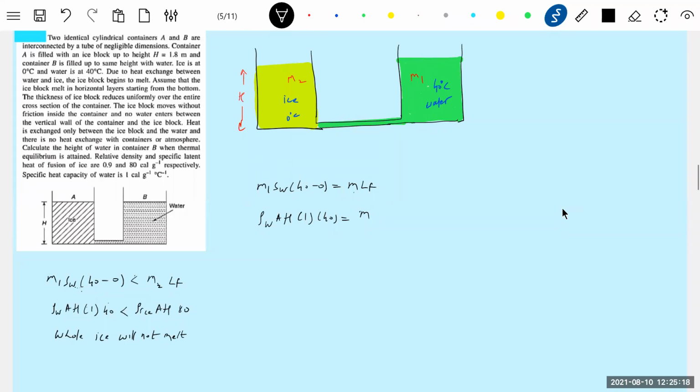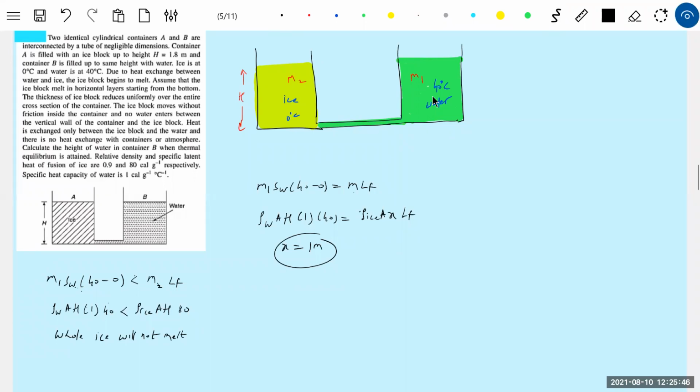Okay, we'll do one thing. This mass we can also write as density of ice, area, some x length of ice melted. Anybody, value of x? One meter, yeah, okay, 1 meter. 1.8 meter was the height of the ice column, of which 1 meter will melt.